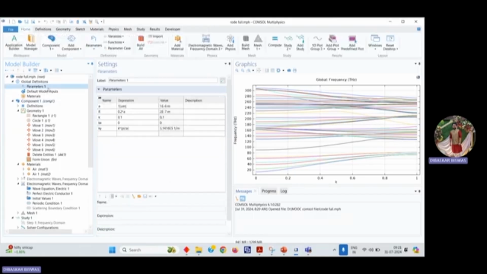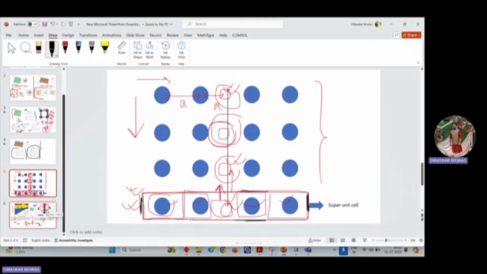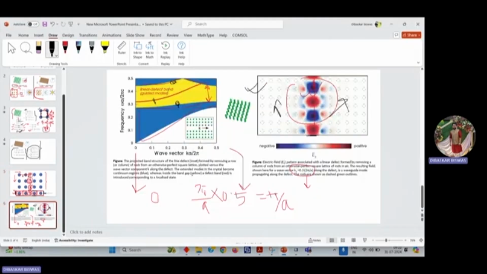So you go to parameters and you define A as this, R as this, and you define the k vector, a scalar quantity. Along the x direction there is no periodicity, because the periodicity of the defect is along the vertical direction. That's why we have taken kx as 0, ky as k into pi by a. Why? If you see the band diagram, this is the normalized frequency, k into 2 pi by a, and the last value is 0.5.